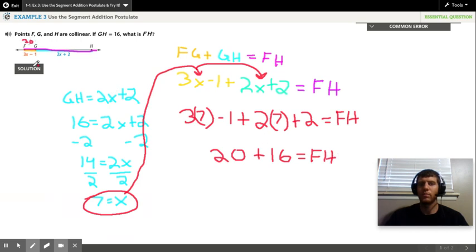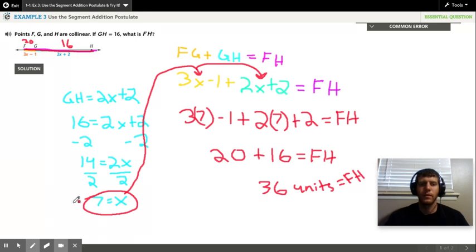Right, we can substitute it back in, so 3 times 7 minus 1 is 20. Then 2 times 7 plus 2 is 16. So FG is 20, GH is 16. We add them together to get the whole thing, and that'll give us FH, which is going to be 36 units, because they didn't give us units.